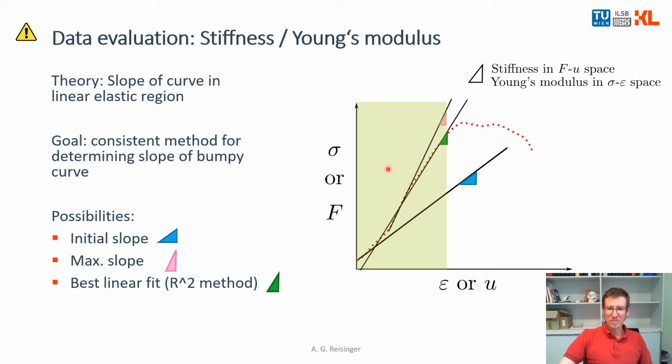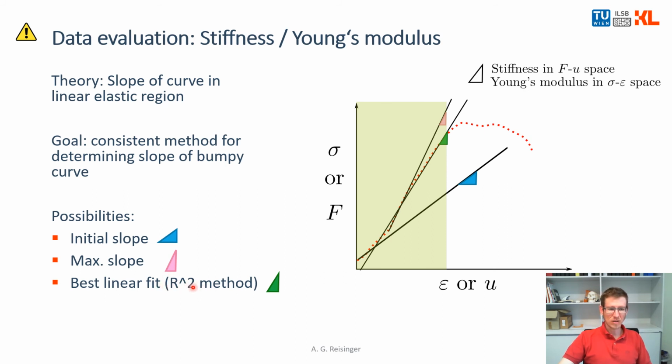And as the last method, which is a little bit more sophisticated, you use the best linear fit. So you take a straight line and say, okay, in which region is the line fitting best to the test data? This is also called the R-squared method, because the R-squared value, the coefficient of determination, indicates how well the regression line is fitting the data.